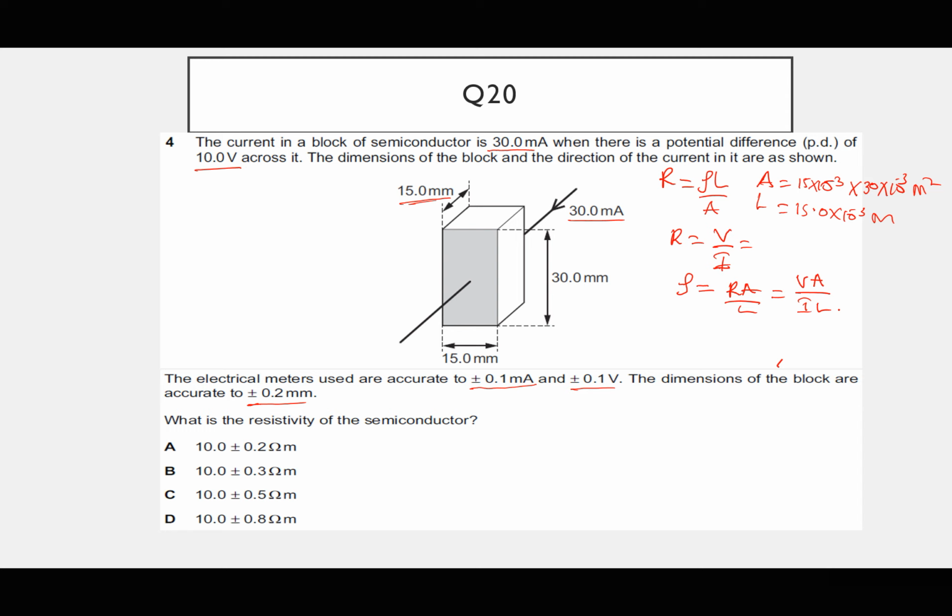Let me substitute directly. Remember, A or cross-sectional area will be actually this length and that height there.